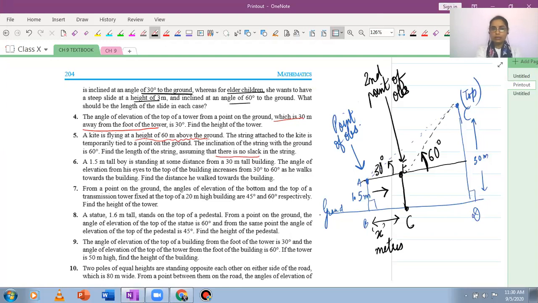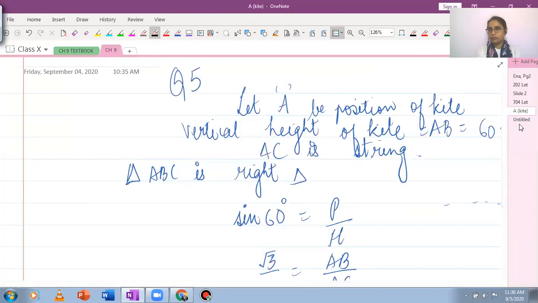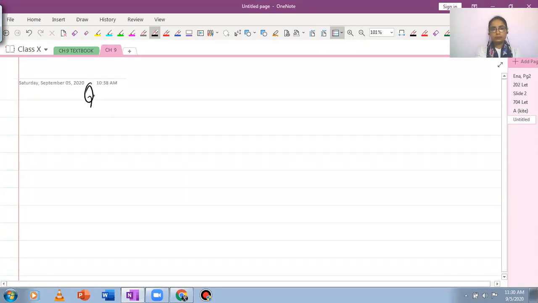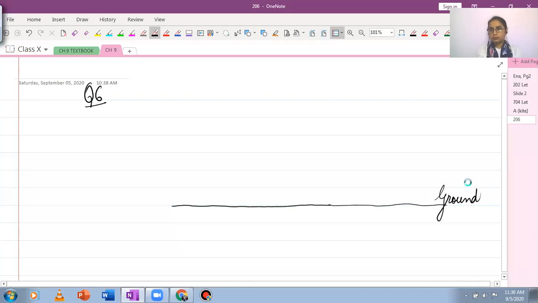Okay, so let's just draw this again once, and you can just do this with me in the answer part actually. So let's represent the ground. And this represents the boy and his height is 1.5 meters.